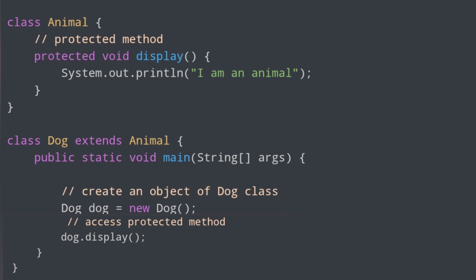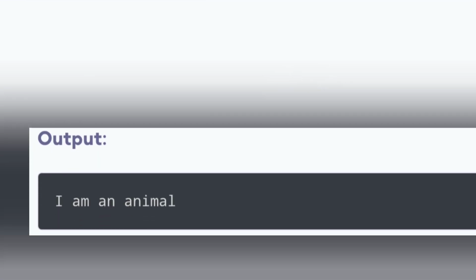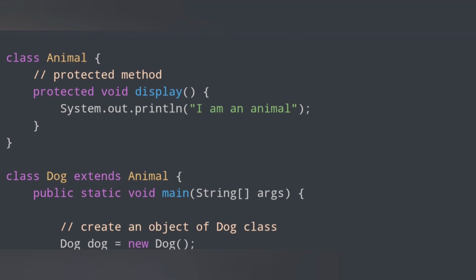The output we get is what we have defined in the system.out.println. In the above example, we have a protected method named display inside the animal class. The animal class is inherited by the dog class. So thus the protected access modifier works.